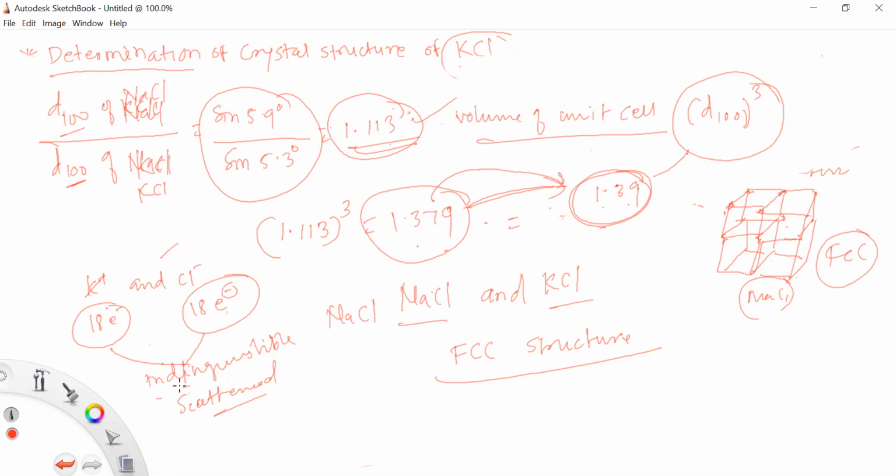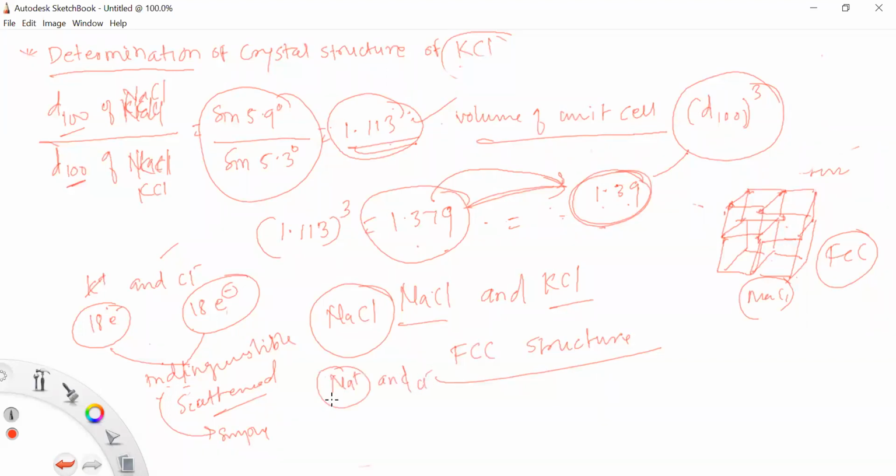So KCl is indistinguishable, but this is not the case for NaCl. NaCl मध्ये असं नाही. NaCl मध्ये असं का नाहीये तर the scattering pattern behaves as if made up of simple cubes. आता हा काय करतोय याला सिंपल क्यूब आपल्याला दाखवतोय, but in NaCl crystals there are Na positive ions and Cl minus ions.